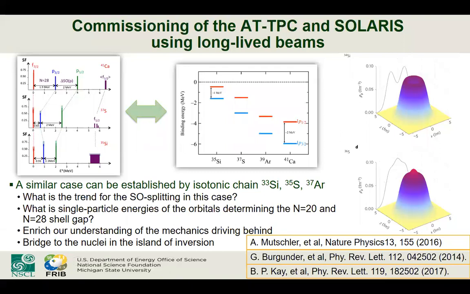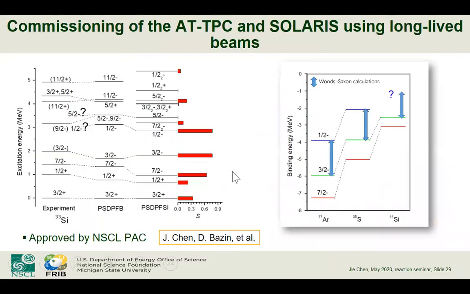So we will study the spin-orbit splitting in the N=19 isotonic chain and determine if there is a sudden change of the spin-orbit splitting. We plan to carry out this measurement during this transition period using SOLARIS. And here I show you the shell model predicted states to be populated in the silicon-32 (d,p) reaction.